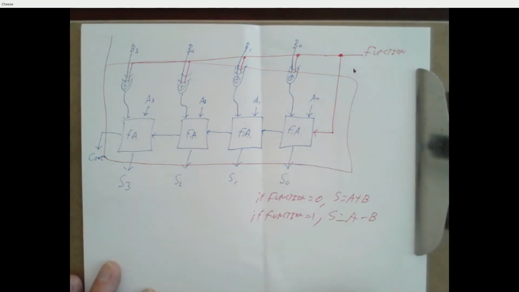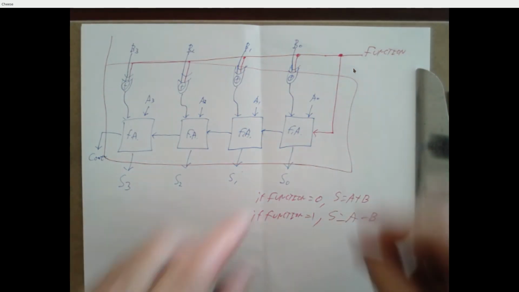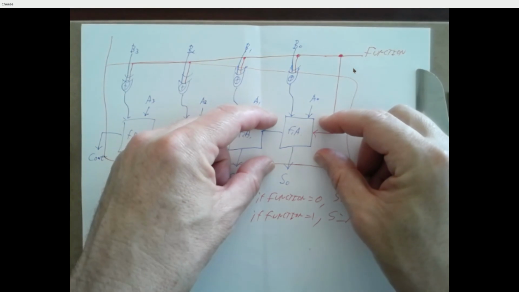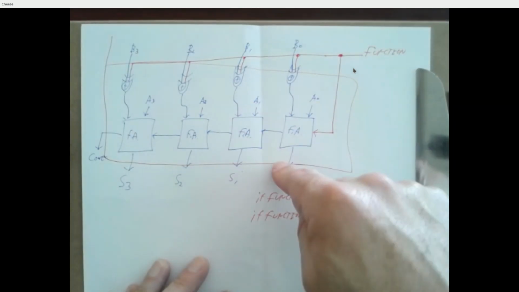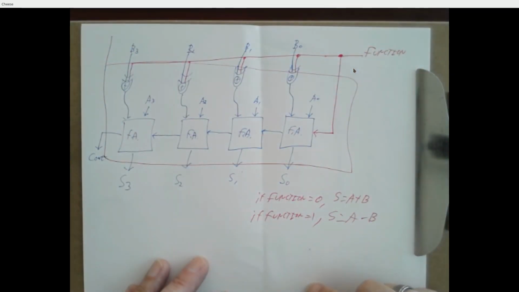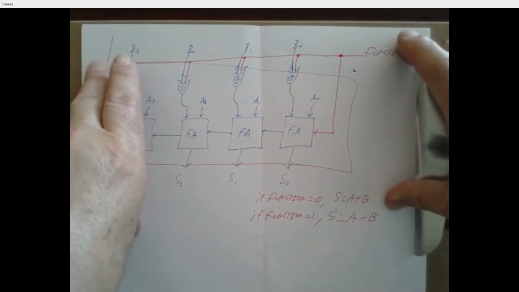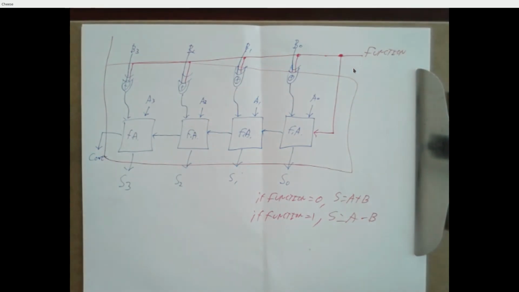Truth tables, K-maps, etc. When we're using a full adder, we can think of it from this sort of box point of view. Inputs, outputs, what does it do? Without worrying about how it does that. And once we have an adder subtractor, we can put that in a box and we can say, here's your adder subtractor. 4 A bits, 4 B bits, 4 sum bits coming out, and a function input. And we don't have to know any of this to be able to use that to build, say, a multiplier, which is just a bunch of additions.